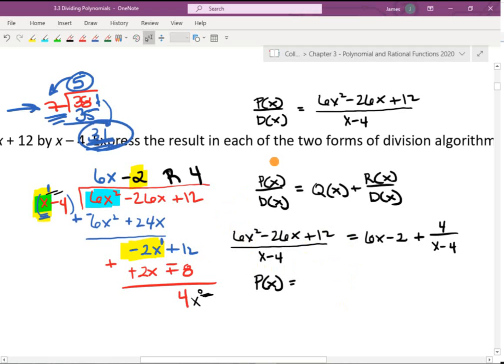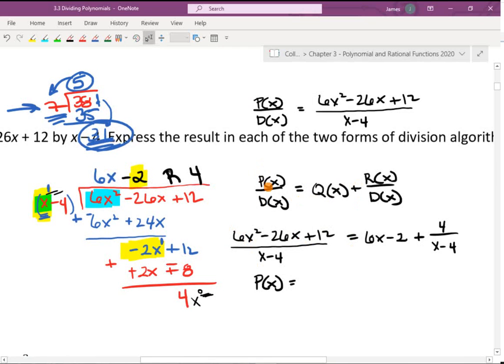That's what we just determined. This here is the same thing as that structure there. Does that make sense to everybody? Now, if you multiplied both sides by x minus 4, would you get P of x equals D of x times Q of x plus R of x?